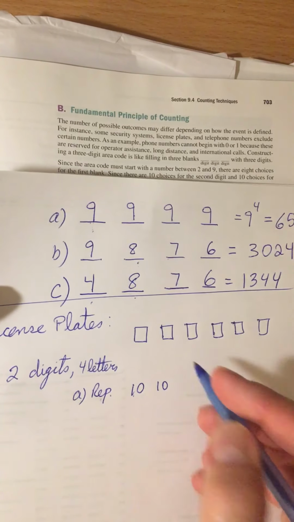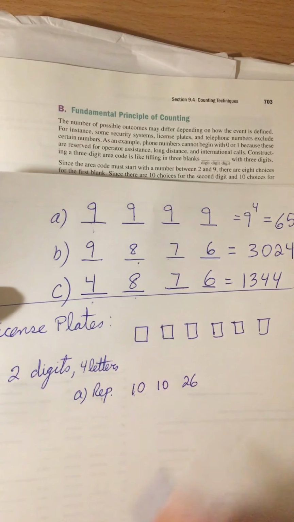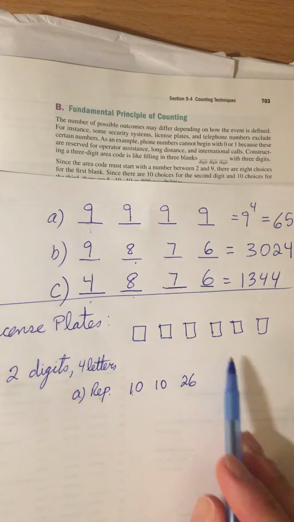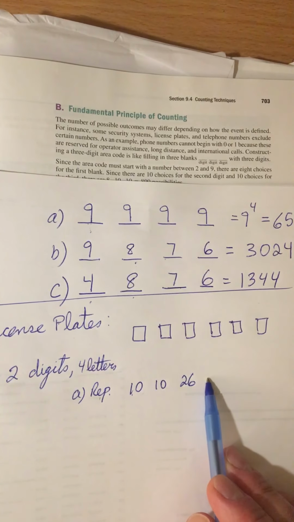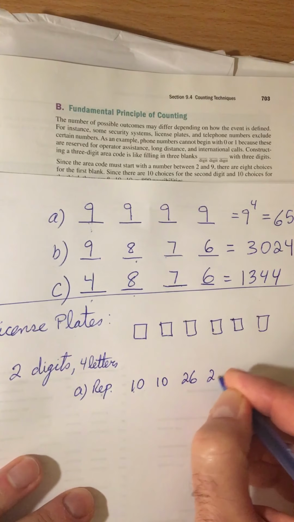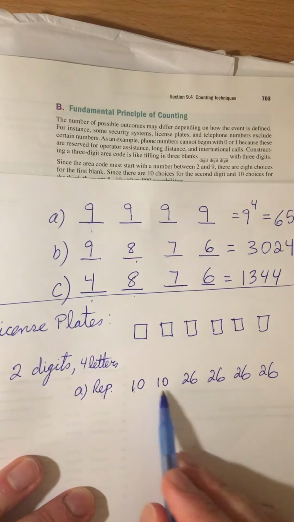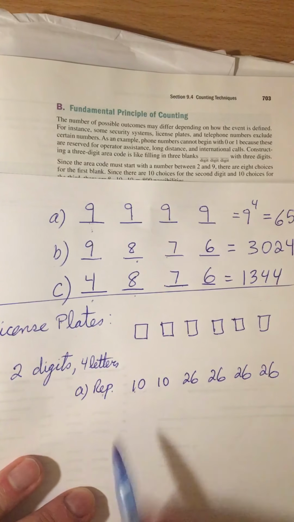I can pick K, I can pick M, I can pick Z, whatever. I have 26 choices. Repetition is allowed, so for the next position, I still have 26 choices, and 26 choices, 26 choices.